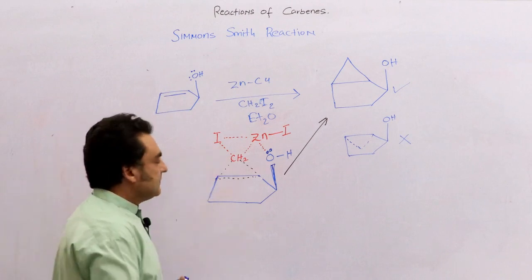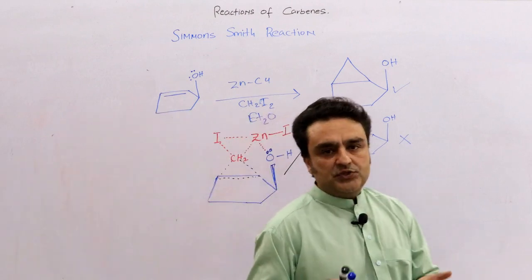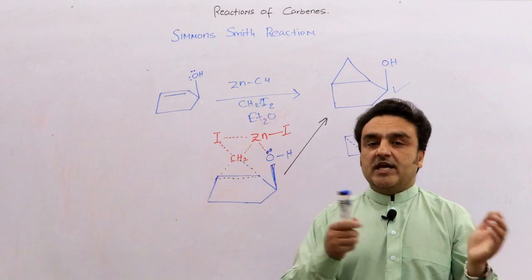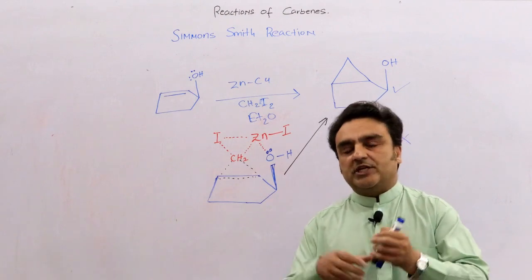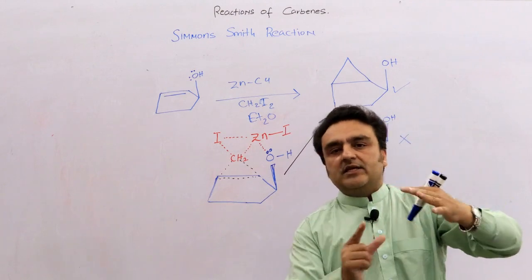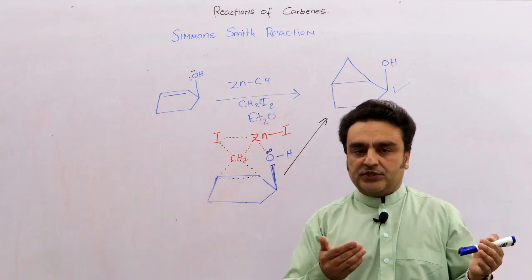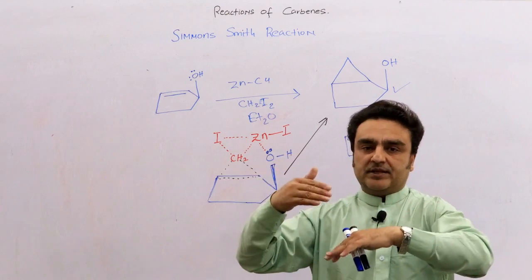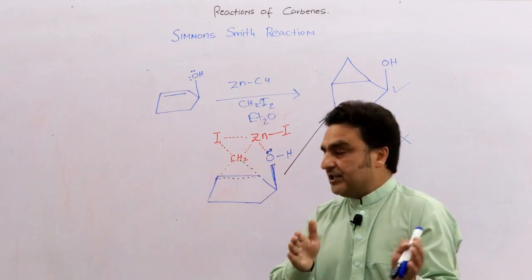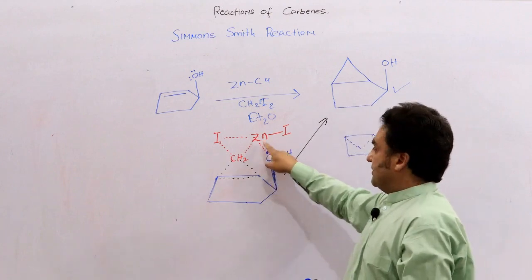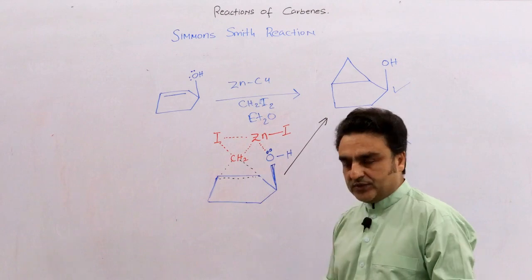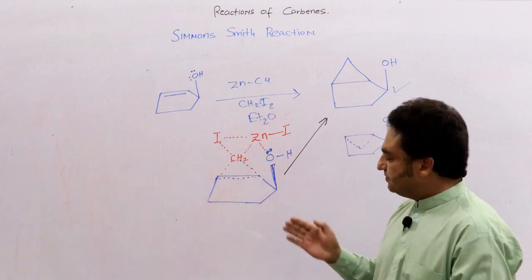So it's regioselective and stereospecific. Stereospecific means that it is delivered from one side. It's also regioselective because it can see from which region it should come. The OH attracts the zinc, so it comes from the above side, and the below product is not produced. This is a very important reaction.